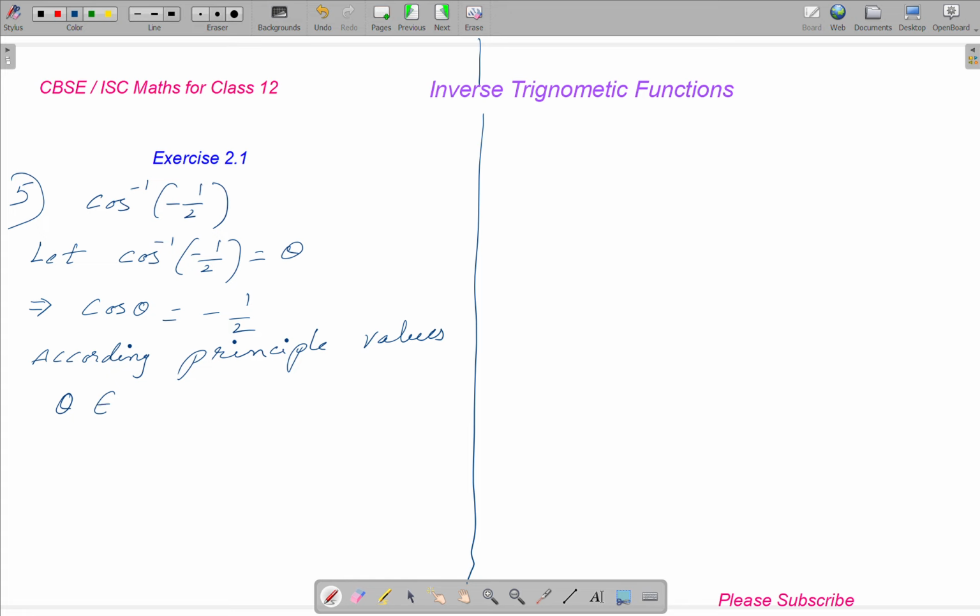Theta is an element of the closed interval 0 to pi, and cos theta is equal to minus cos pi by 3.